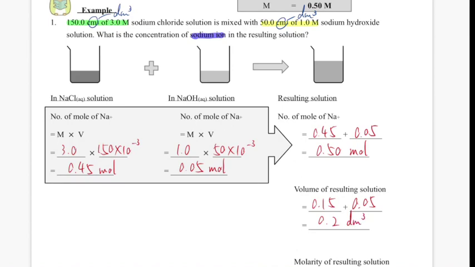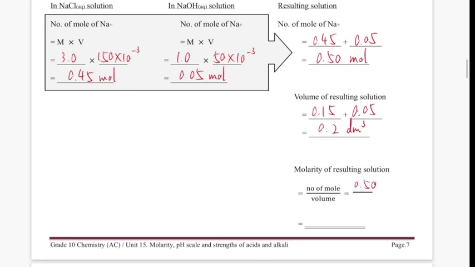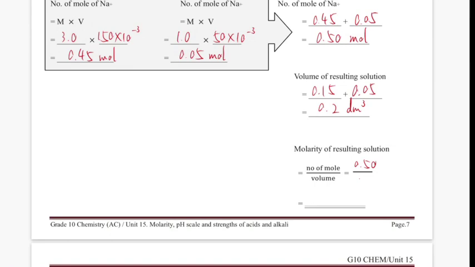So the molarity should be equal to the number of mole over the volume. So it should be 0.5 over 0.2. So the final molarity should be 2.5 molar.